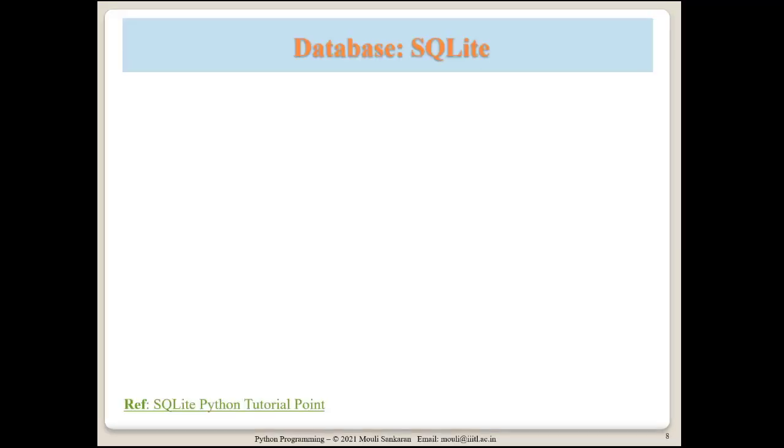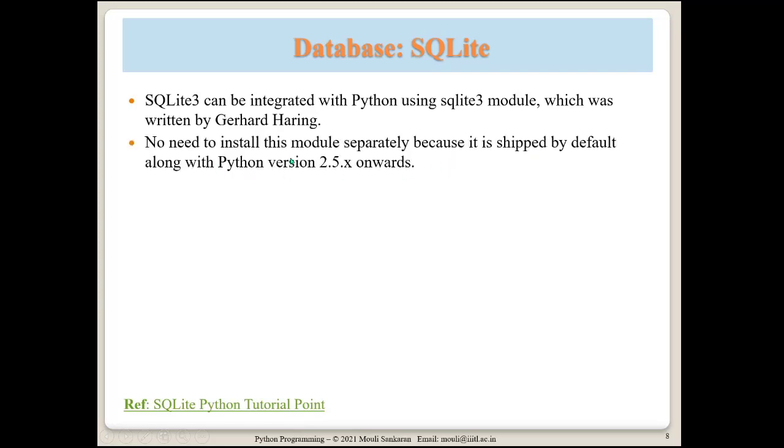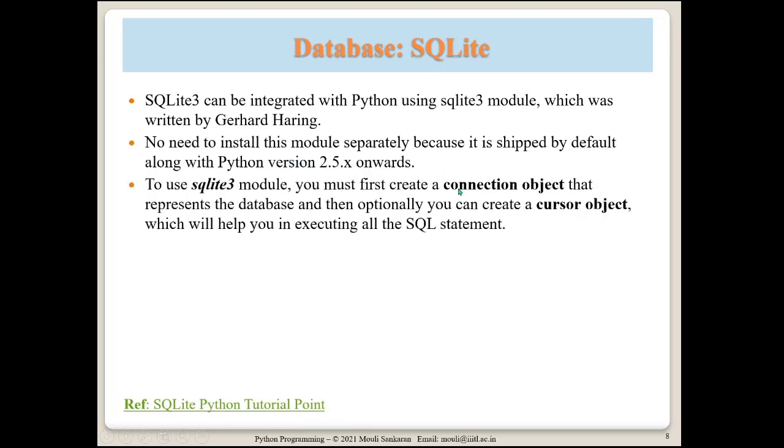And SQL is a very popular database. It is integrated with Python as SQLite3, SQLite or SQLite, whatever you call it. It is a reduced version of SQL, and you don't need to install it. It comes from version 2.5 onwards.